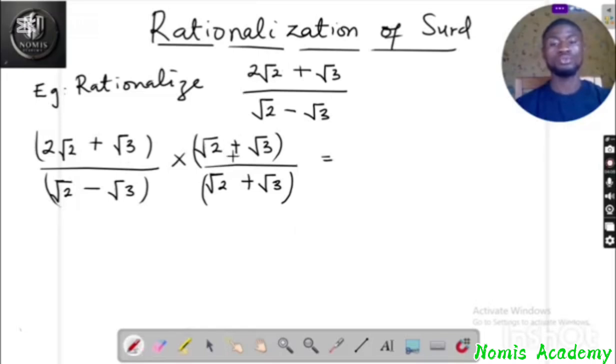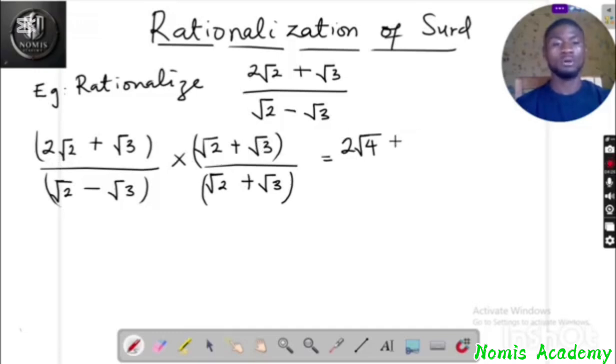So 2 root 2 multiplied by root 2 will be 2 root 4, because root 2 multiplied by root 2 is root 4, and I still have this 2 written behind the root 4. The next is this 2 root 2 to multiply root 3.